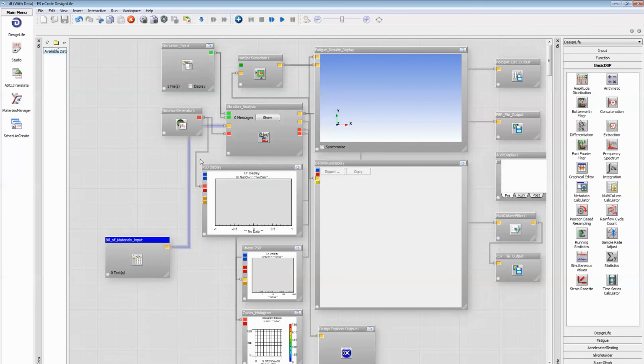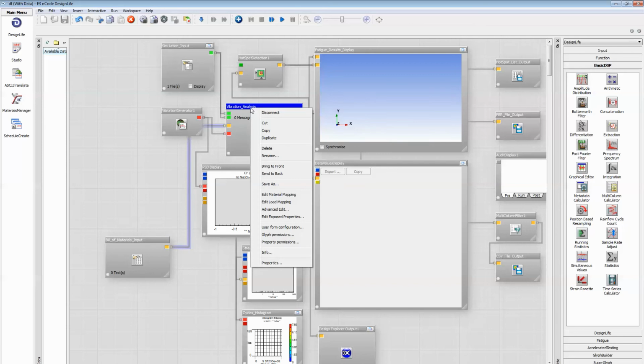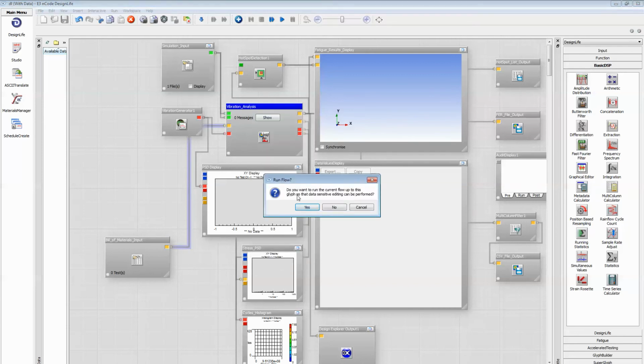Now by default it's linked with the analysis engine. Right click on advanced edit and it says do you want to run the current flow up to this glyph so that sensitive data editing can be performed. What does it mean? Do you want to read the data from all the previous upstream glyphs before you do this edit operation?